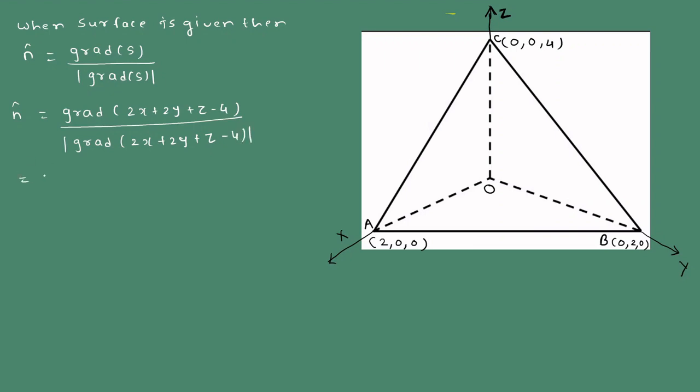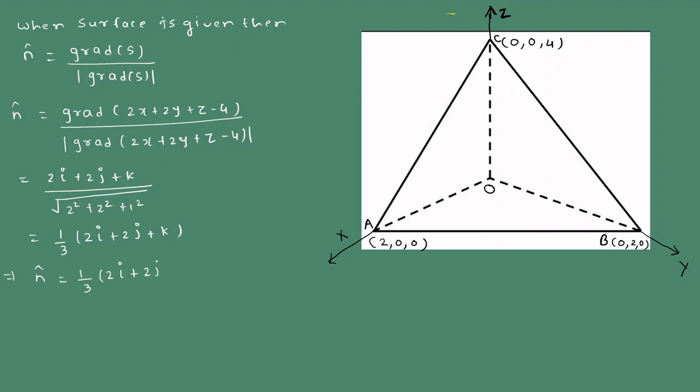Correct? So the gradient of this is 2i plus 2j plus k upon square root of 2 square plus 2 square plus 1 square, which is 1 by 3 (2i plus 2j plus k). So n cap is 1 by 3 (2i plus 2j plus k).